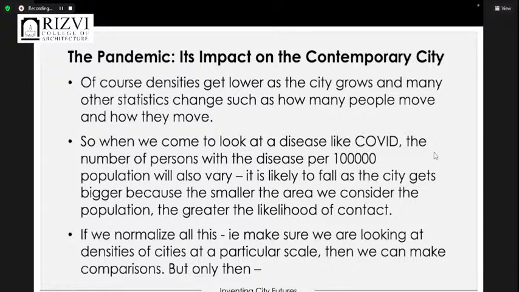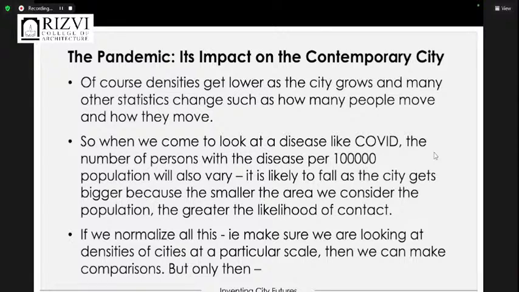traditionally is spread by droplets, and it's probably spread by contact on surfaces and, to a lesser extent, contact between individuals.